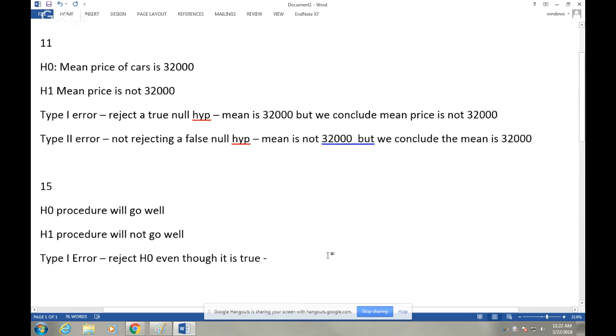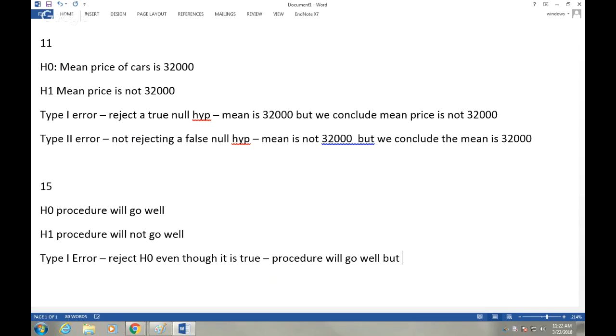If the null hypothesis is true, what is the reality? The procedure will go well. But we conclude, what do we conclude? That it will not. Okay, that's the type 1 error.